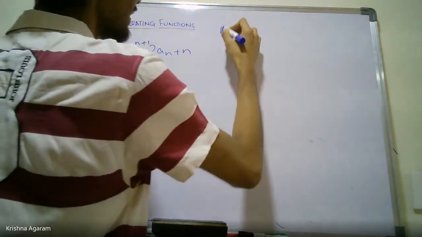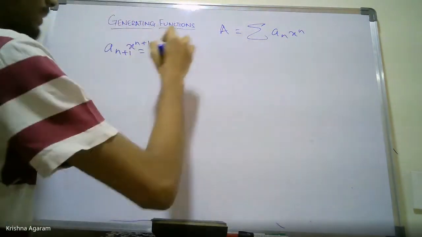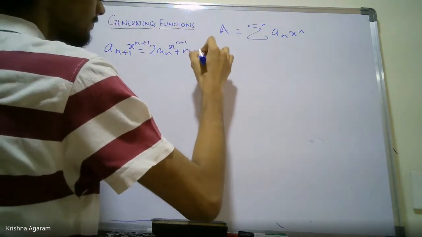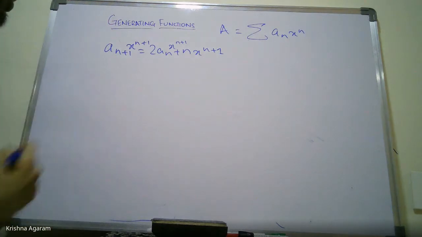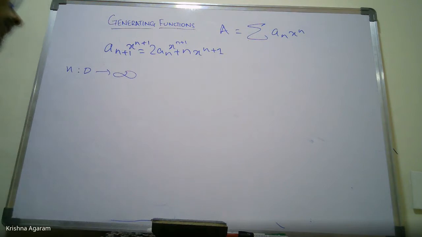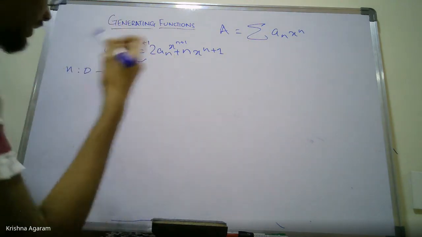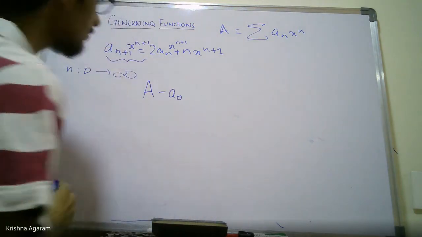Just do this. So A is this, okay? Multiply by x to the n plus 1, and now sum from n equals 0 to infinity, where n is 0, 1, 2, integers. This one will be a1 x plus a2 x squared and so on, which is A minus a naught.